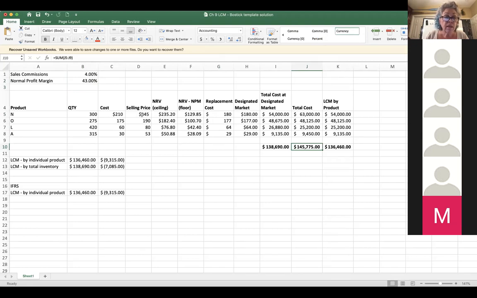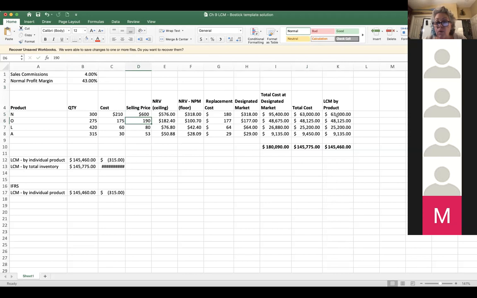Let me just change this selling price. Let's say that the selling price of this is $300. Let's see if the LCM by product changes. No, let's say that my selling price, let's just make it $600.